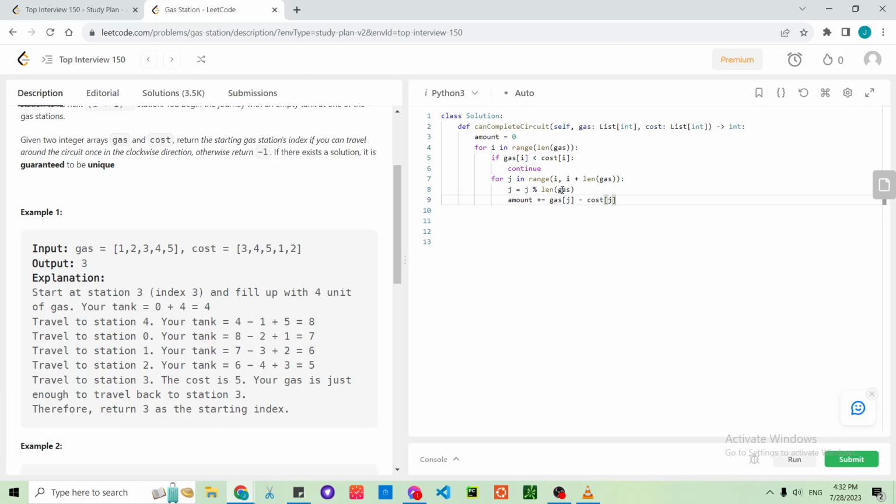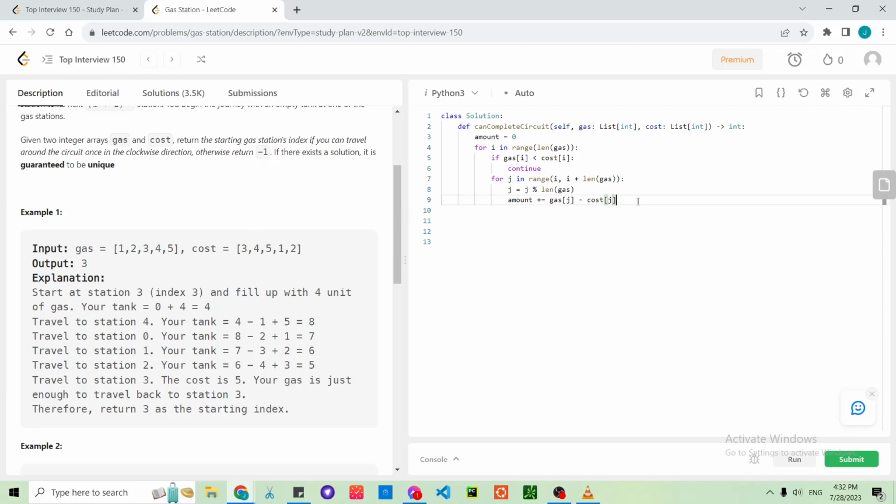So 4 minus 1, we have 3 left. We go to the next station. Next station. Amount is 3. We are plus 5 minus 2 again, so that's still good.